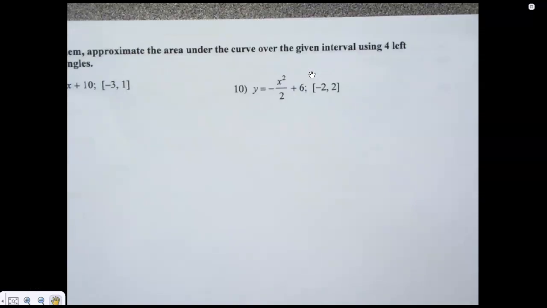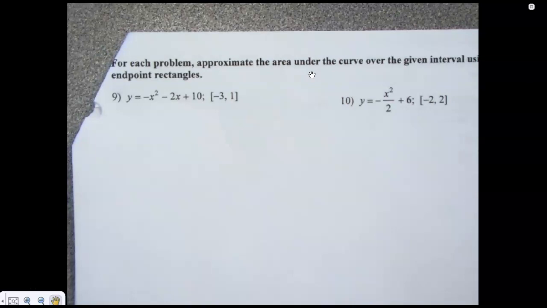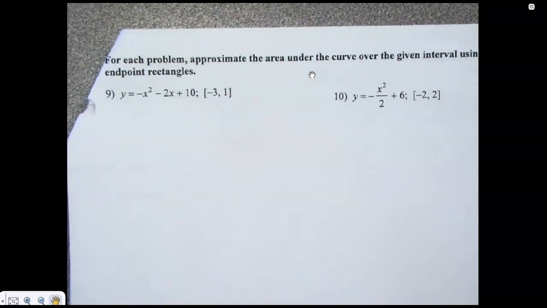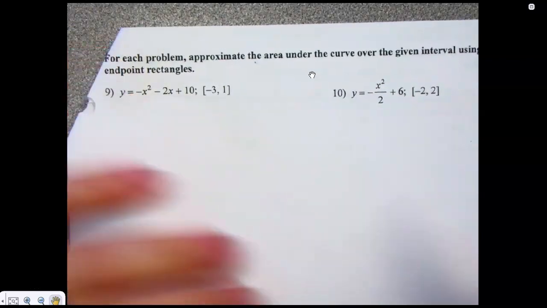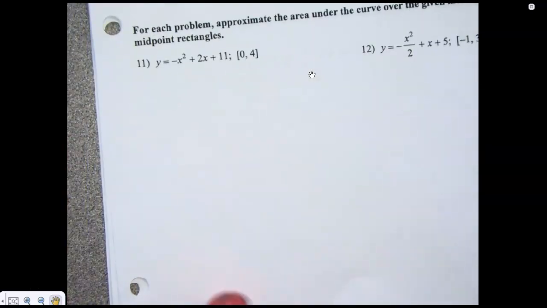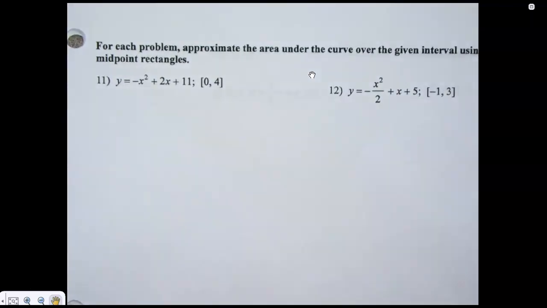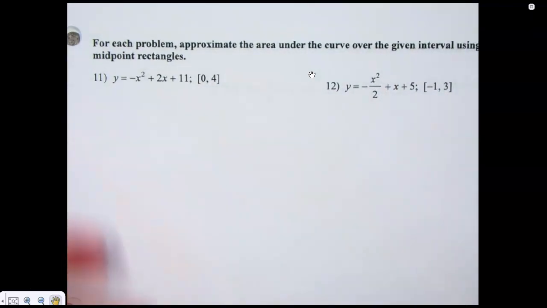Okay. Let's look at number 9. So this is probably the toughest one, and it's somewhat tediously annoying. But let's do number 10 so that I have a little more room to write. No wait, that's not what I want. I'm sorry, I want to do midpoint, number 11. So they tell me that I want 4 midpoint rectangles. In the first one, they give me a table, so I didn't really have to think about how many rectangles there were going to be.